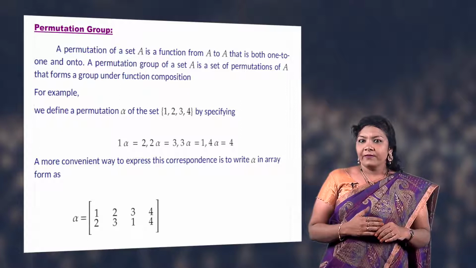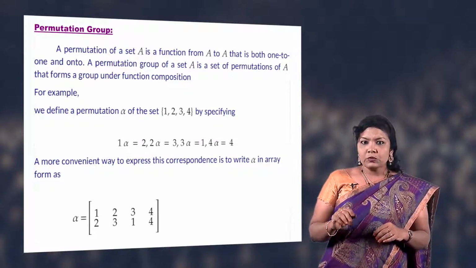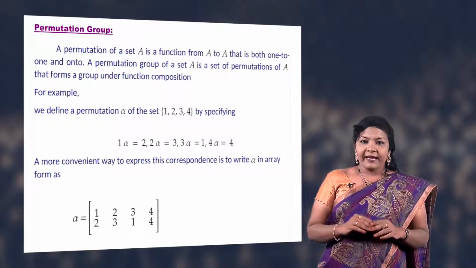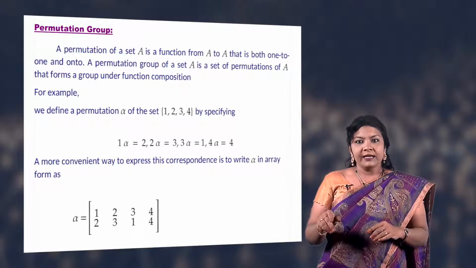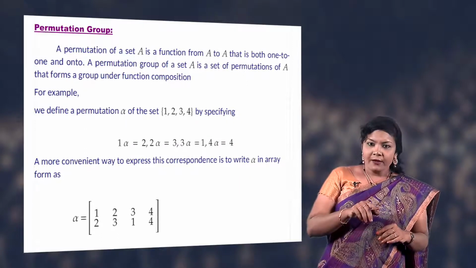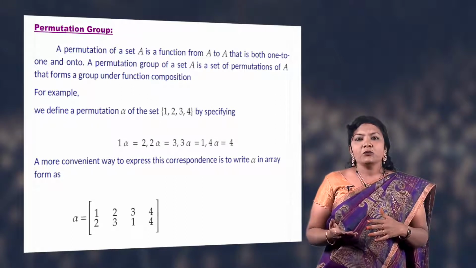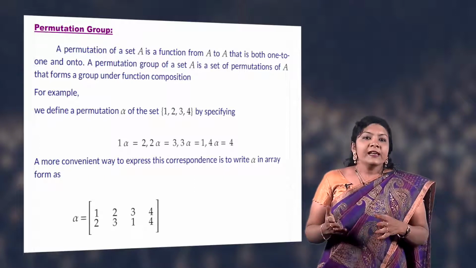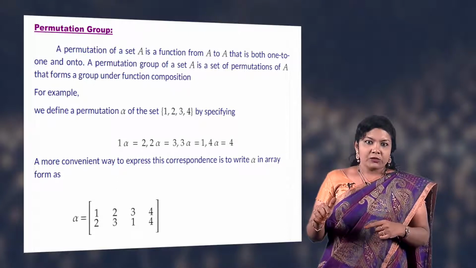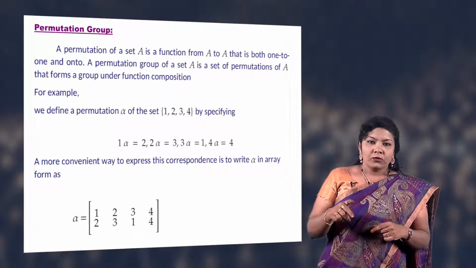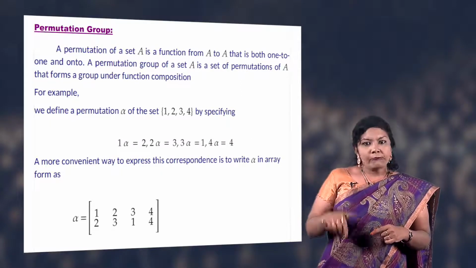For example, we define a permutation alpha of the set 1, 2, 3, 4 by specifying 1 alpha is equal to 2, 2 alpha is equal to 3, 3 alpha is equal to 1, 4 alpha is equal to 4. A more convenient way to express this correspondence is to write alpha in array form as alpha is equal to 1 goes to 2, 2 goes to 3, 3 goes to 1 and 4 goes to 4.